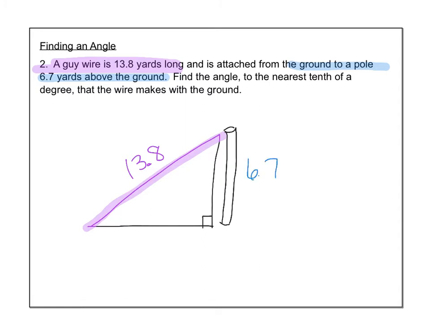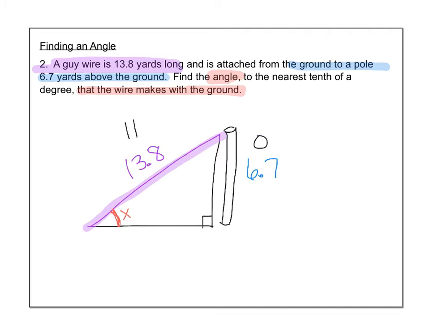So this is going to be 6.7 here. That's the height of the pole. And we want to find the angle that it makes with the ground. So that's going to go on the ground. It's going to be this angle right here. That's X. So again, we're going to look from the angle and label our sides.